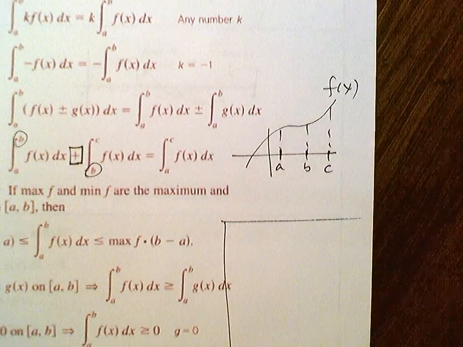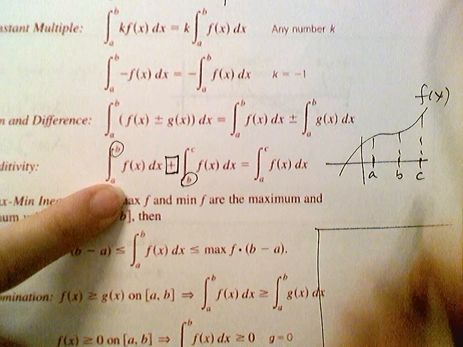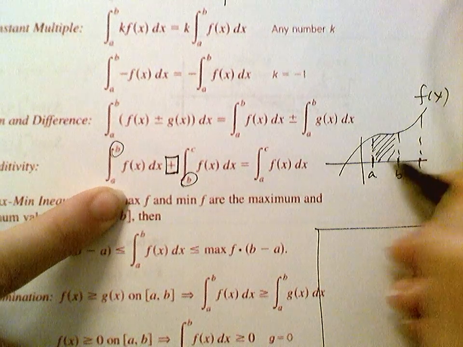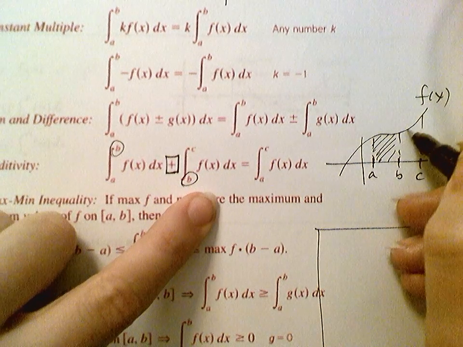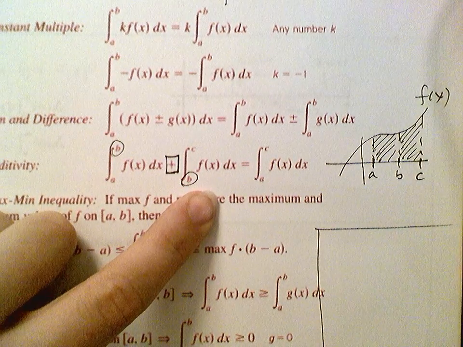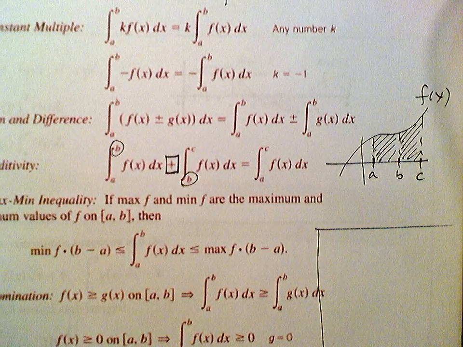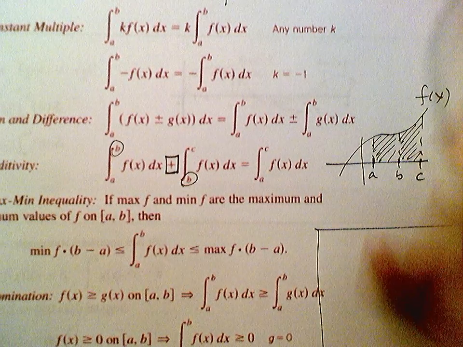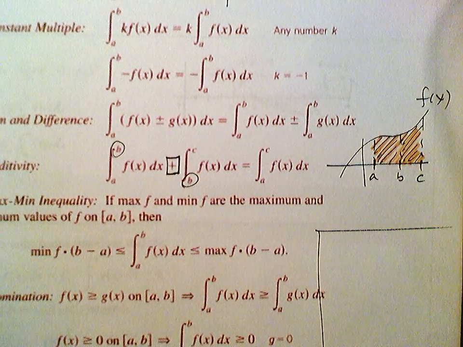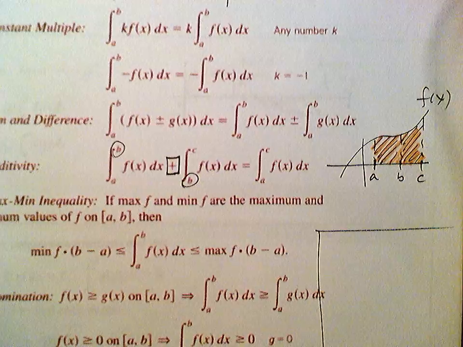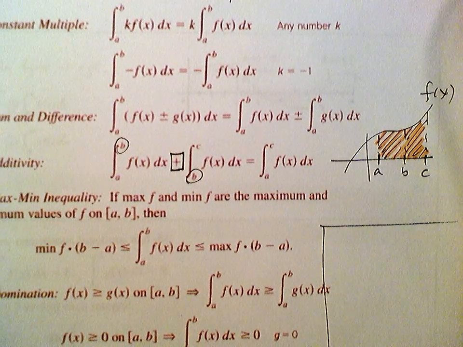What this is saying is that if I do the area under the curve on this interval, that would be that integral, plus the area under the curve on that interval, that is the same as if I just did the area under the curve on that whole interval. So that's what additivity says. That's a visual representation.